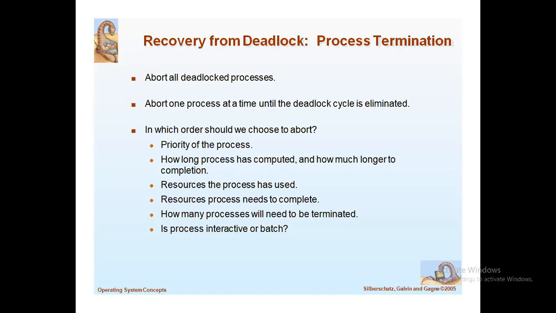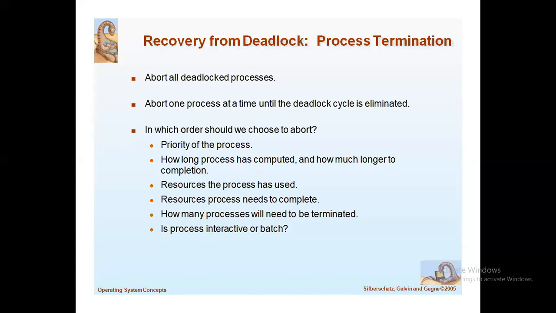And the next one is how many resources the process needs to complete its execution. So this way we choose one process to terminate: the priority of the process, how long it has executed and how long until completion, and how many resources are required to complete its execution.